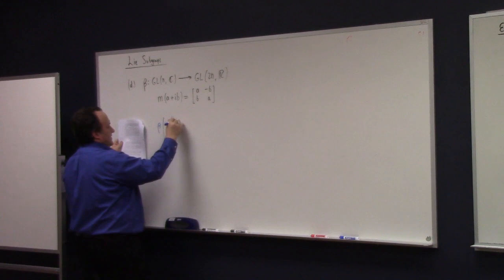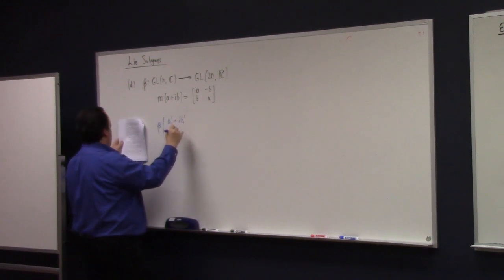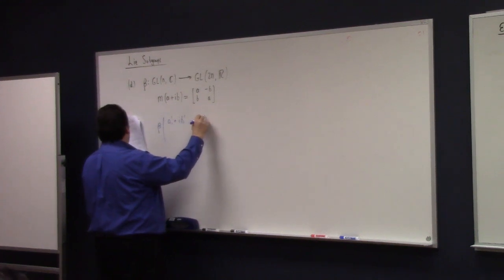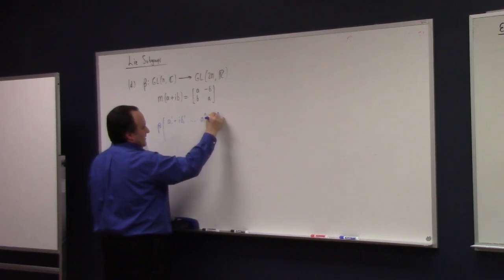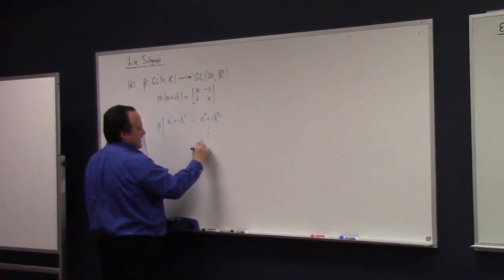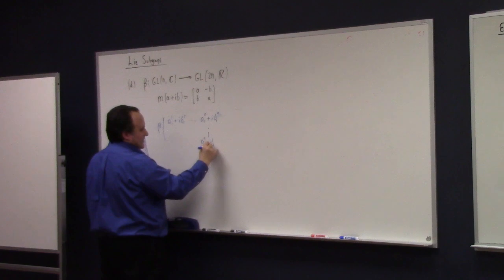A11 plus iB11, and then A upper n lower 1 plus B lower 1 upper n, eventually An n plus iBn n.